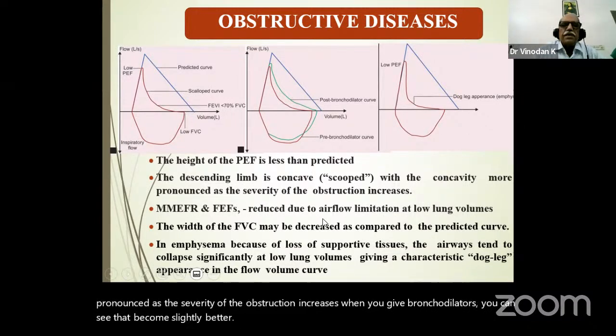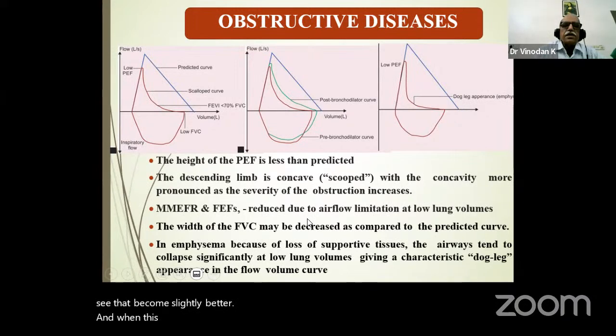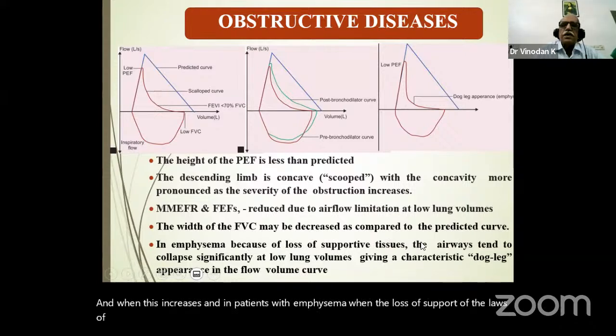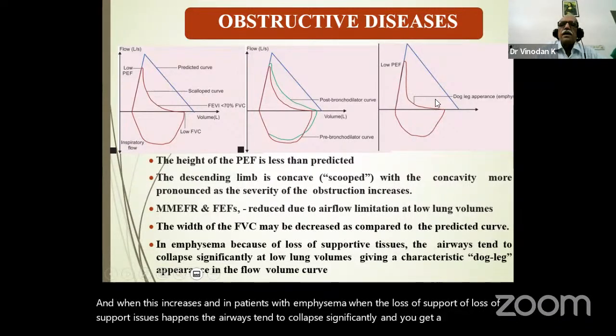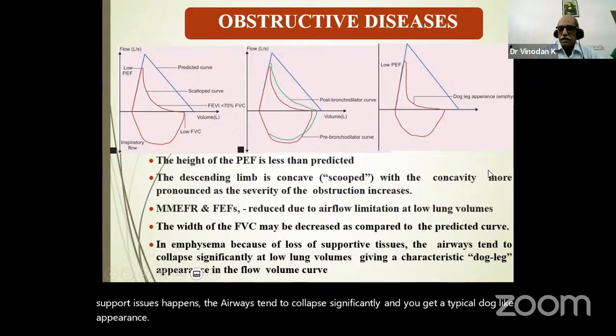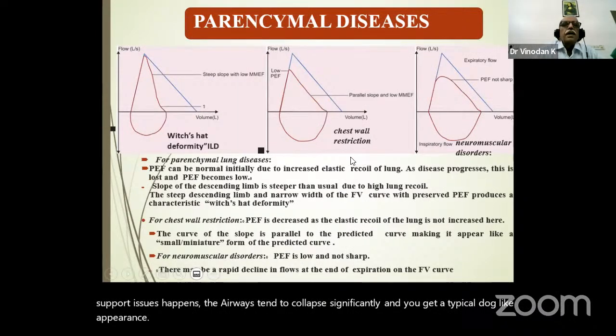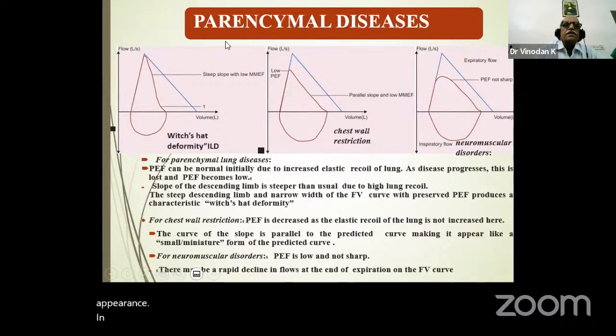In patients with emphysema, when the loss of supportive tissues happens, the airways tend to collapse significantly, and you get a typical dog-leg appearance. In parenchymal diseases, especially in ILD, you can have a witch's hat appearance.